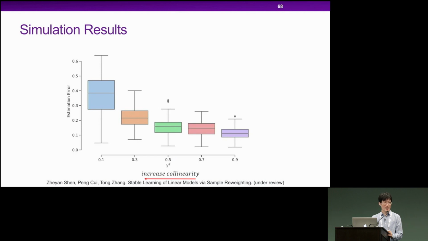Then, based on this, we change the distribution of the training data, so they have a variance here. You can see that the estimation error is inflated very significantly when the collinearity is very strong. All of this demonstrates that collinearity is a key factor that makes a linear model unstable.